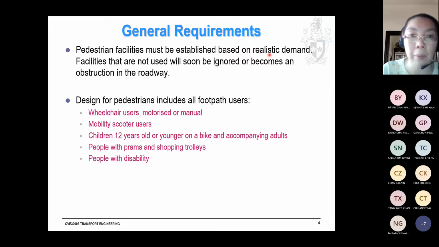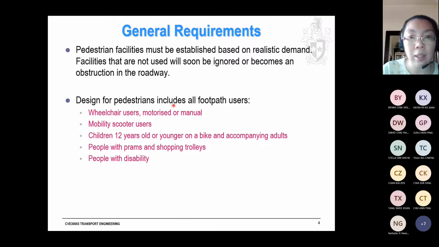So you don't simply put a pedestrian facility unless there is some sort of demand. If it is just to cater for one, you may rethink about that and see if there are any alternatives to that. Facilities that are not used will soon be ignored and become an obstruction in the roadway. So this is what we don't want. So we must provide based on demand.